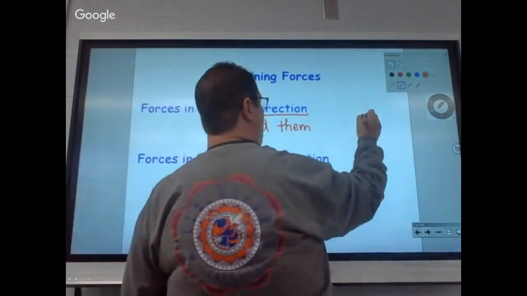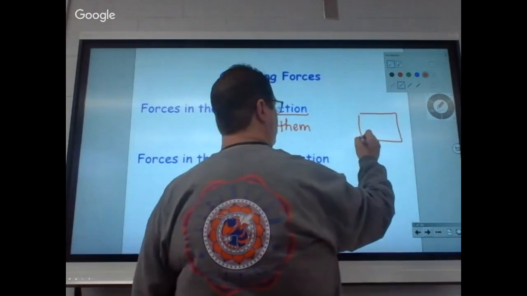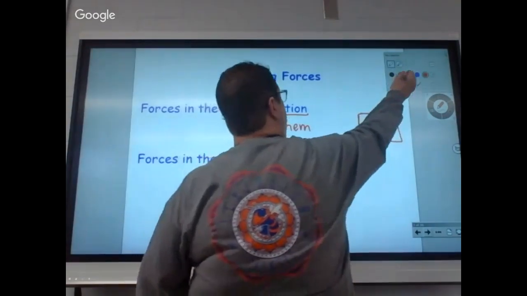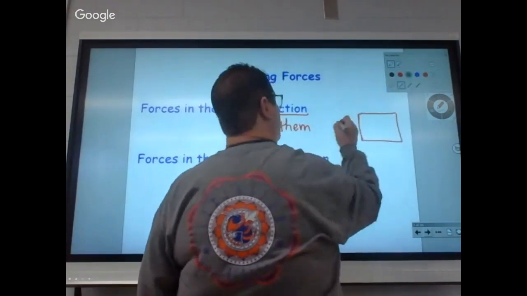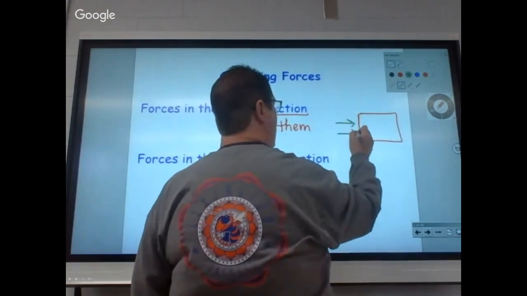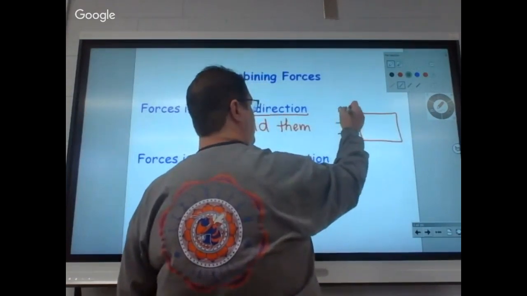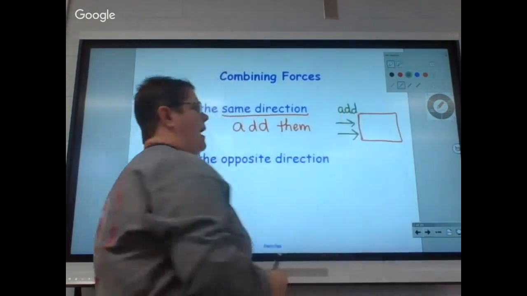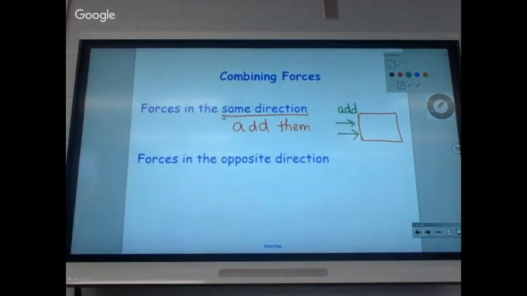So if we have a box, okay, and you see an arrow with them going the same direction, we're going to add. Okay? Does that make sense? Based on what we did with velocities, does that make sense? Okay.